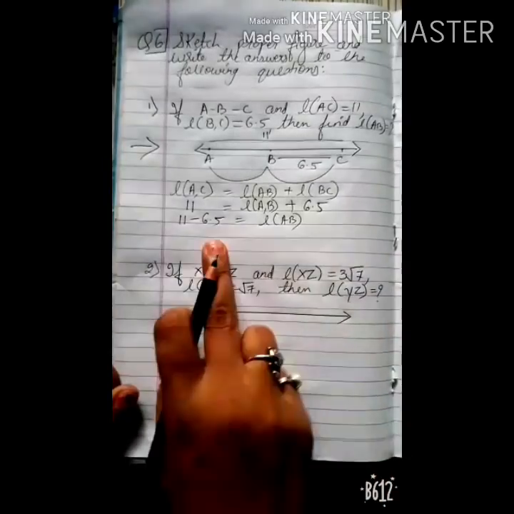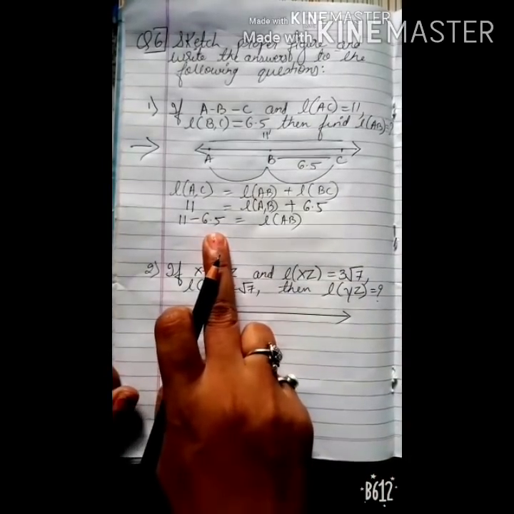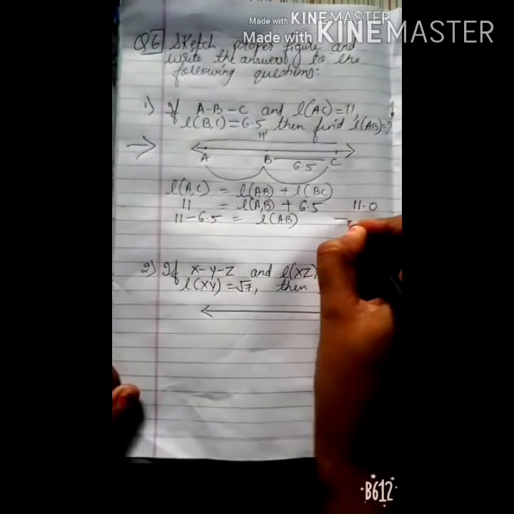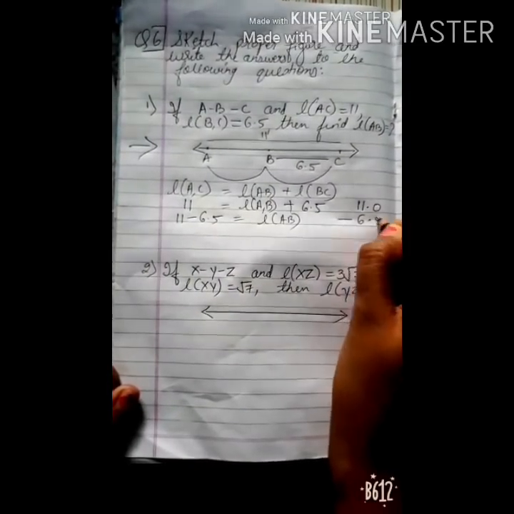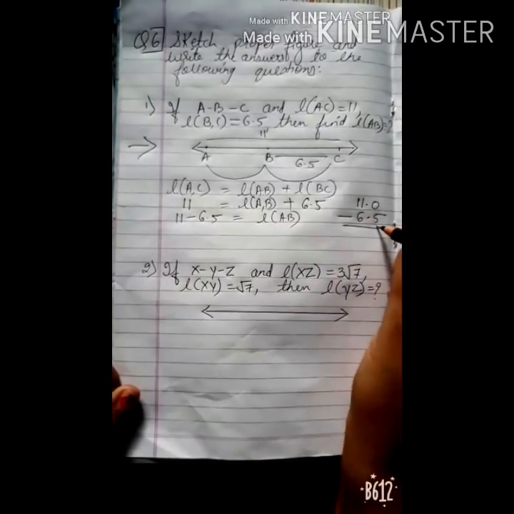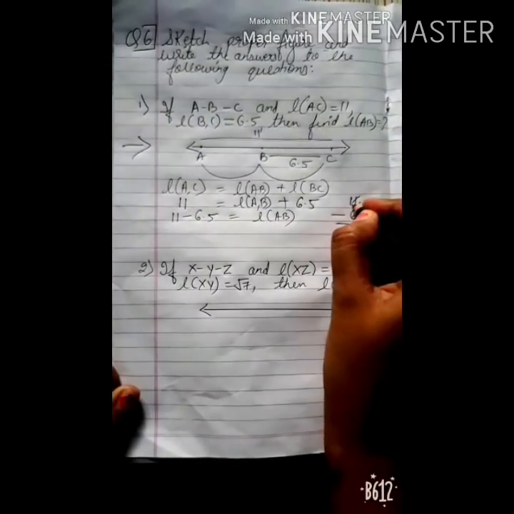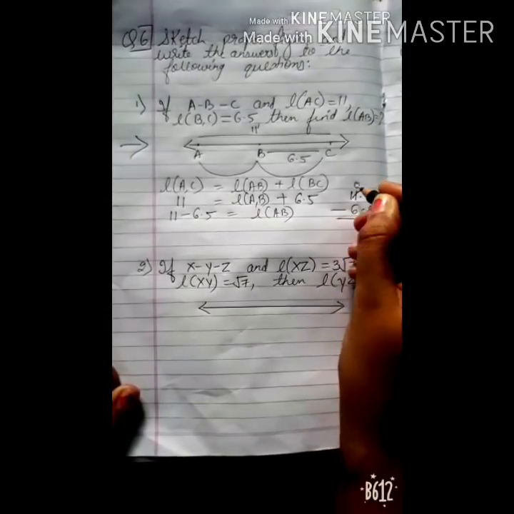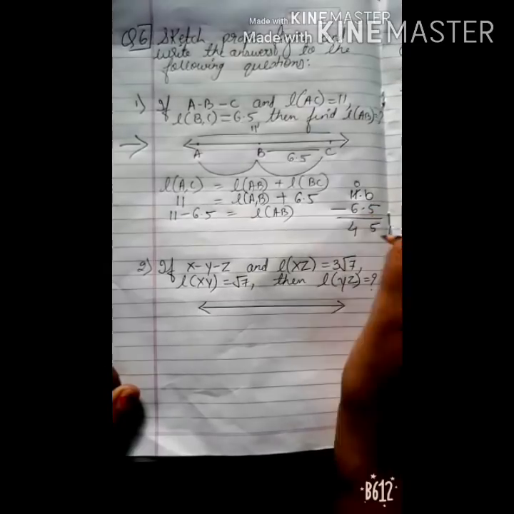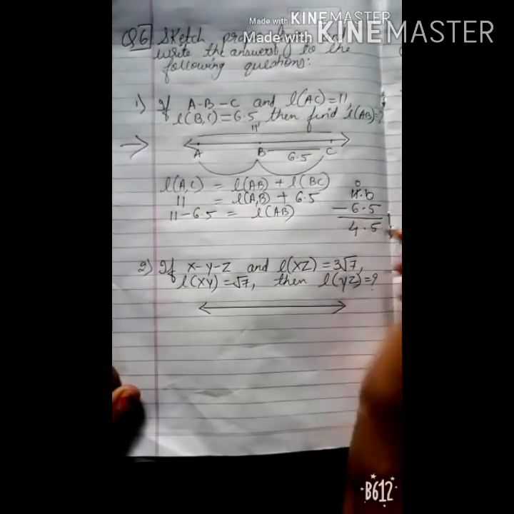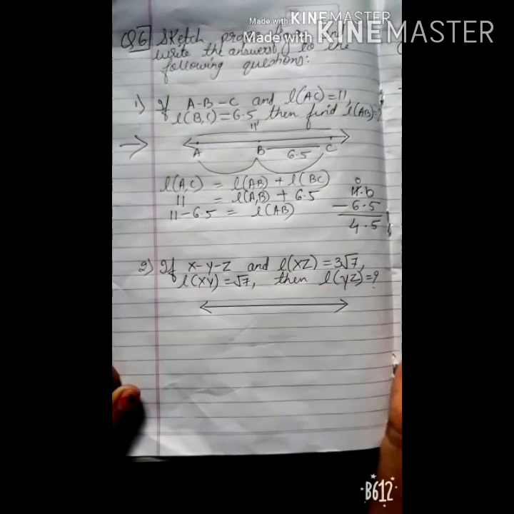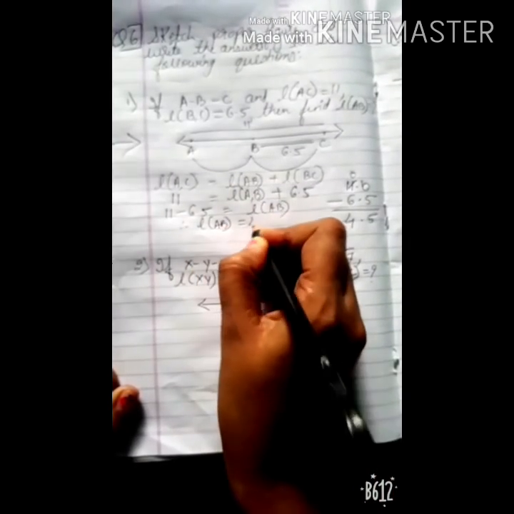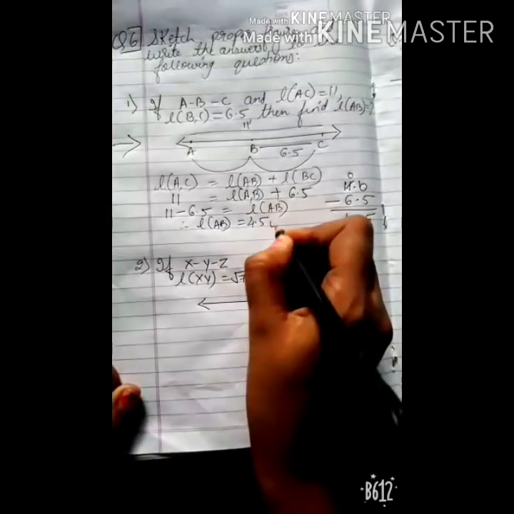It is a decimal number. 11.0 subtract 6.5. 0 minus 5 we can't do, so borrow from here. 10 minus 5 is 5. 1 becomes 0. 10 minus 6 is 4. After one digit, the decimal. We got the value 4.5. Therefore, length of AB equals 4.5 units.